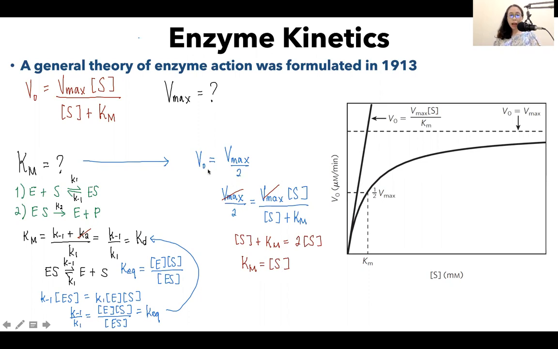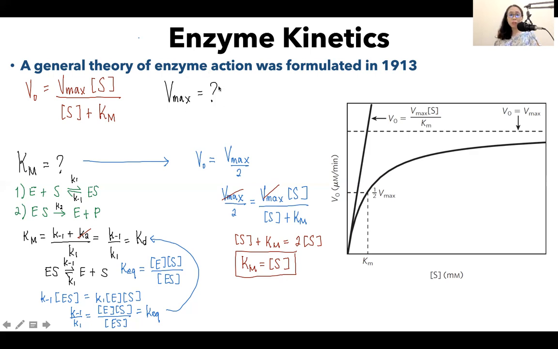So if we have the initial velocity exactly half of the maximum initial velocity, then the concentration of the substrate at that point is the Michaelis-Menten constant. So this is the definition of Km. Km has units of concentration, so it can be molar, millimolar, or micromolar.